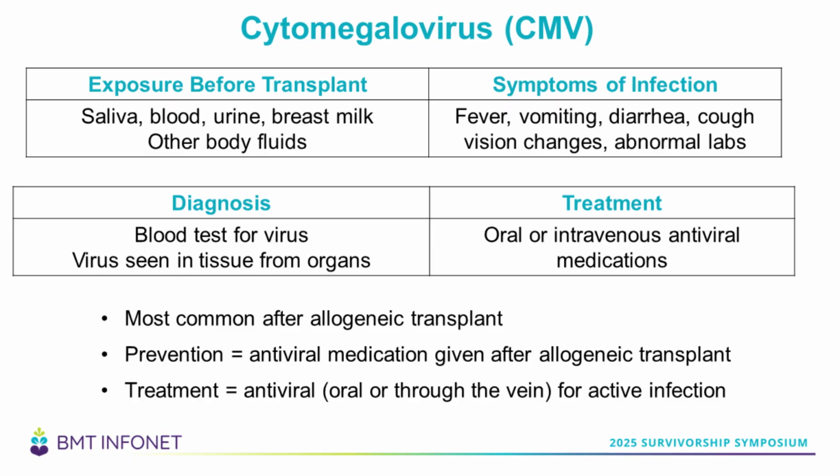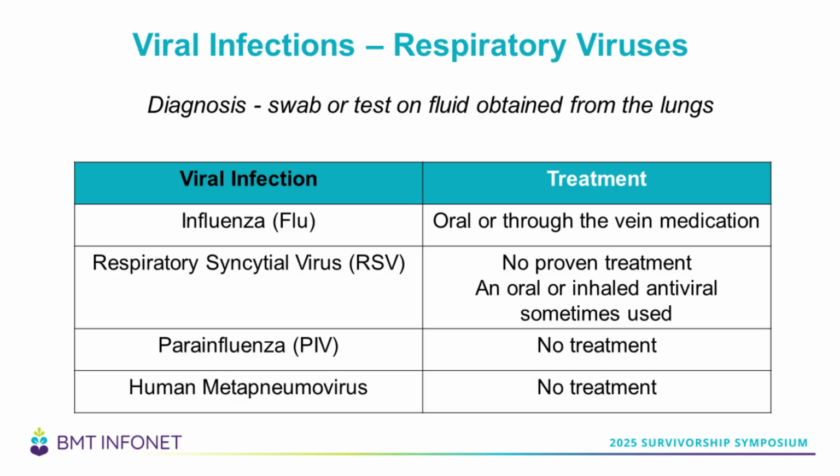As I mentioned, this type of viral infection is most common after allogeneic transplant, and most transplant centers for the allogeneic transplant patient might place the patient on a preventive antiviral medication. And as I mentioned, the treatment is either an oral or intravenous antiviral to treat an active infection.